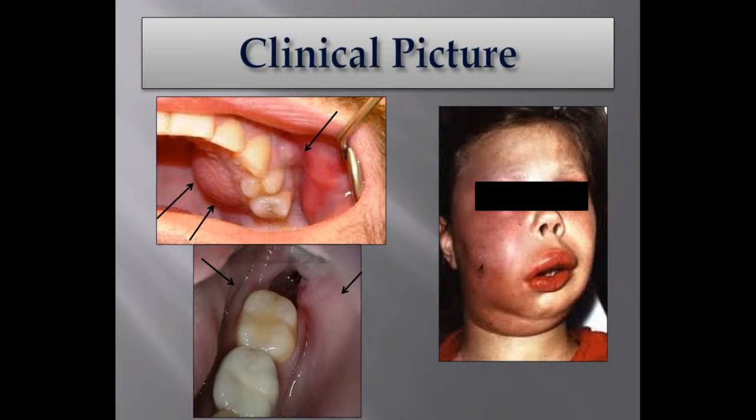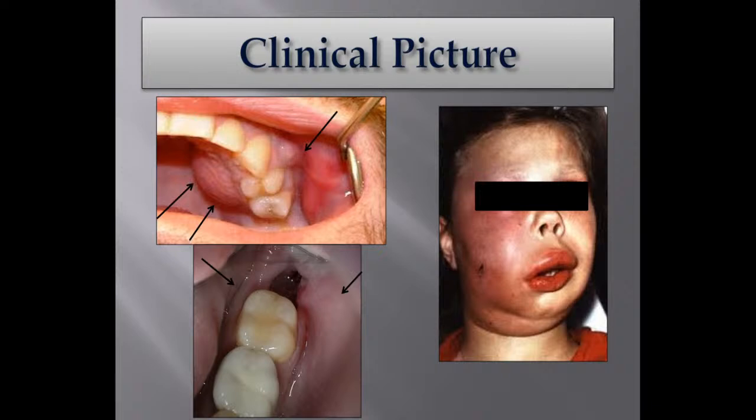And on this picture you can see the acute stage of acute osteomyelitis, and what are the differences between clinical findings of osteomyelitis and, for example, periostitis. Does it look like each other? Yes, of course.